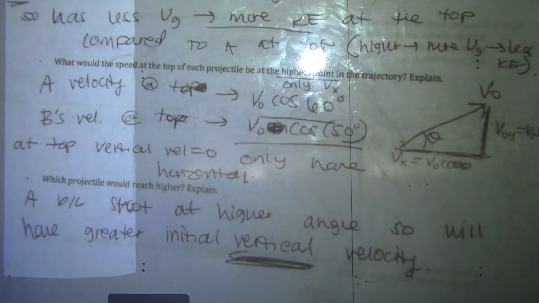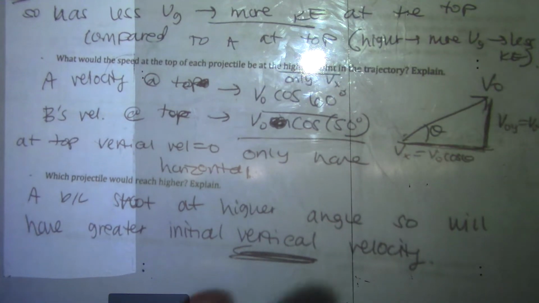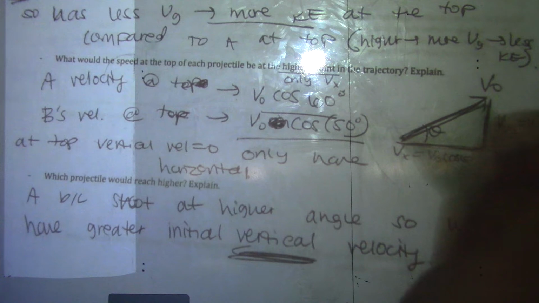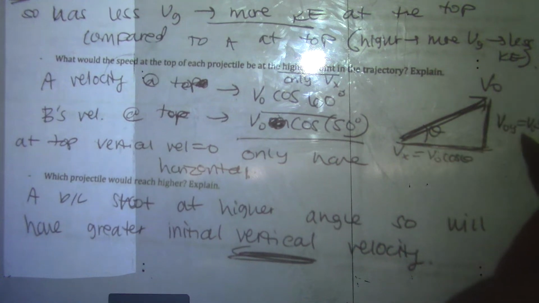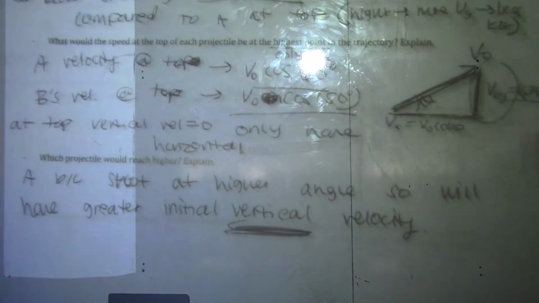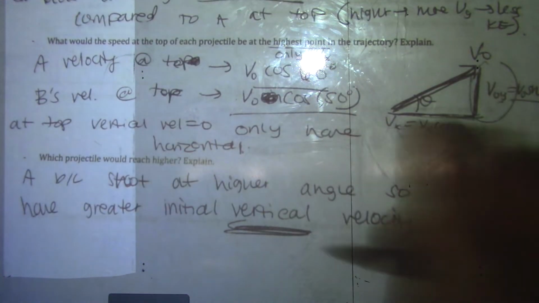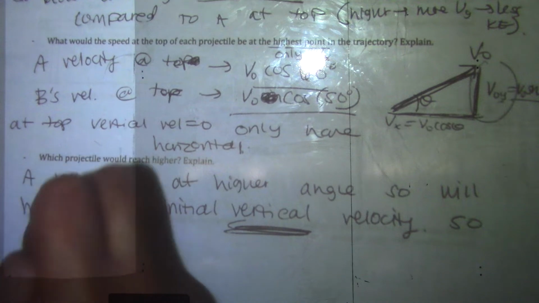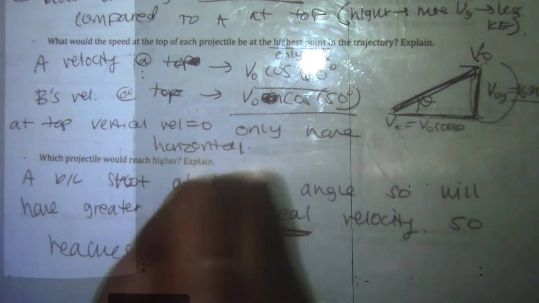They actually have the same initial velocity, but because they're shot with the same v naught at different angles, their v naught sine theta is going to be different. V naught sine of 60 is greater than v naught sine of 50, so the vi for y is greater for A, which is why it then goes higher. So shot at higher angles, so reaches higher.